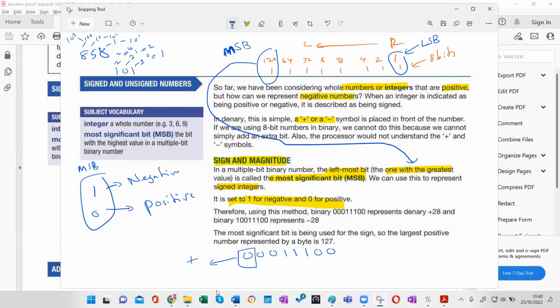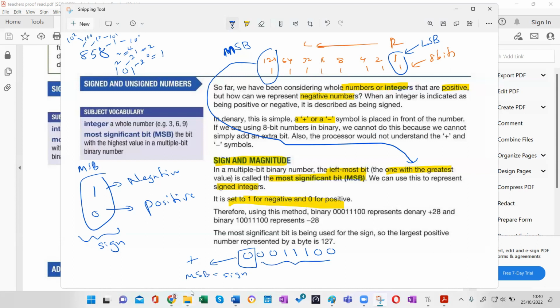If the most significant bit is representing positive or negative, we call that the sign. So what is the sign? Whether it is positive or negative. You can call it the sign bit also. So the most significant bit is representing the sign, and that sign here is plus.